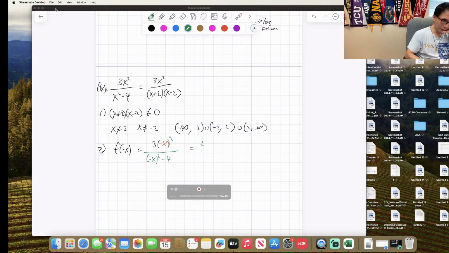So that's going to be 3x squared over x squared minus 4. What kind of symmetry is this? It's an even function, and an even function has symmetry about the y-axis. Is that okay? We're good?